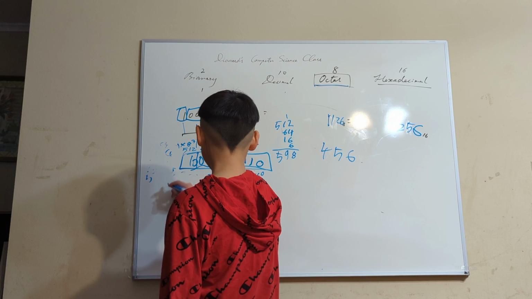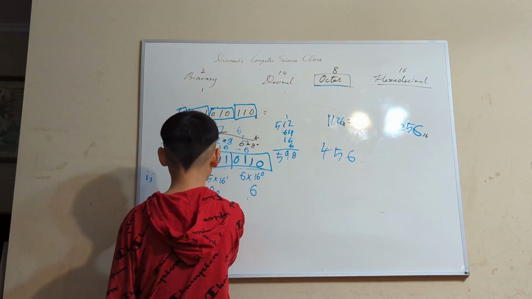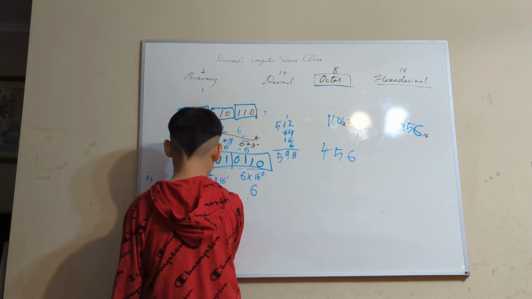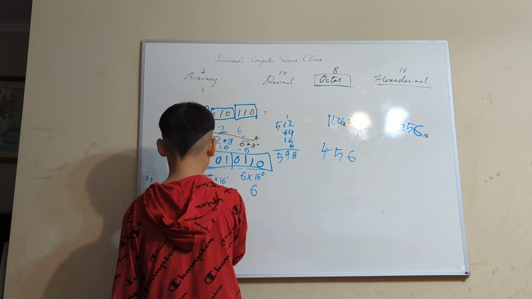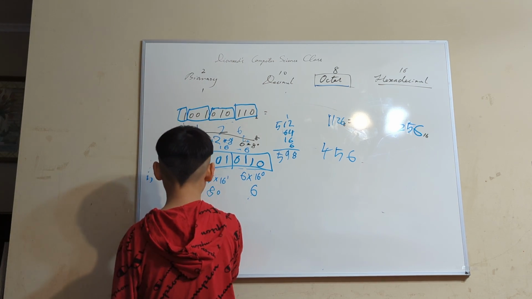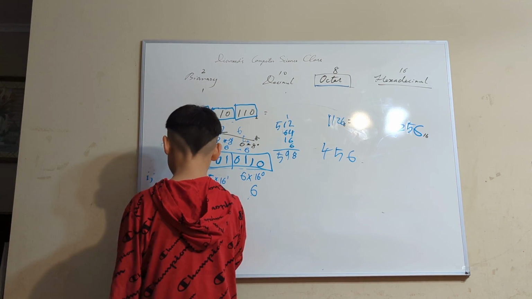Okay. And this one? This one is 2 multiplied by 16 power of 2. And 16 power of 2, you need to calculate it.